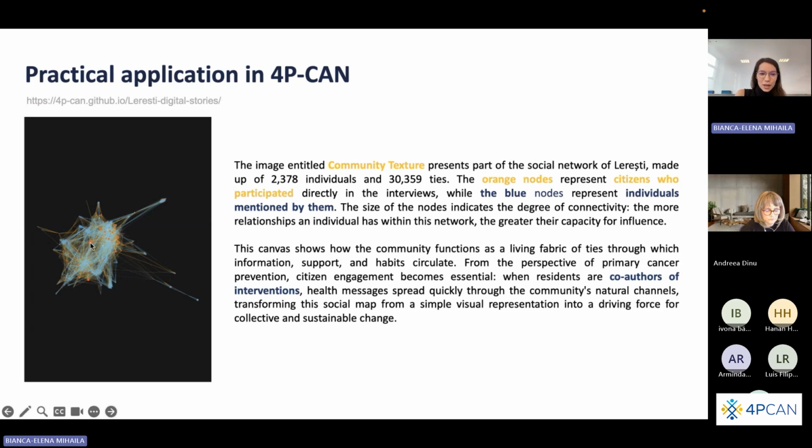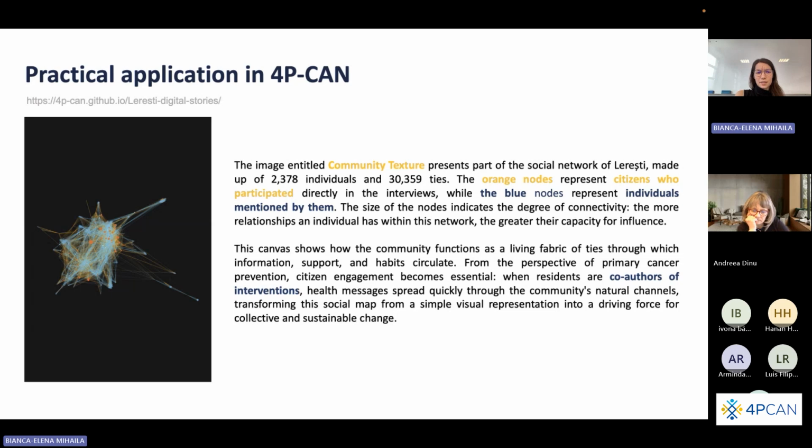Who is this node? Who is this one? Who is this one? What is happening in here? So we were trying to discuss with them and to make them understand how we collected the data and how we handled the data, and of course how we created these networks.